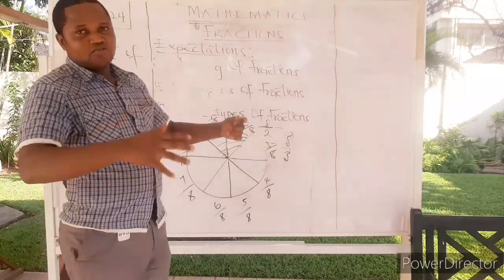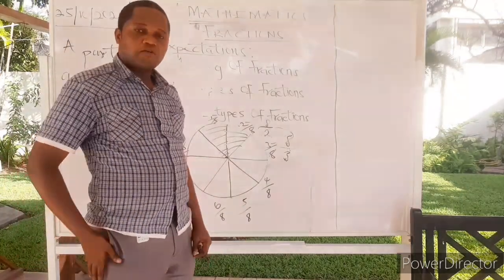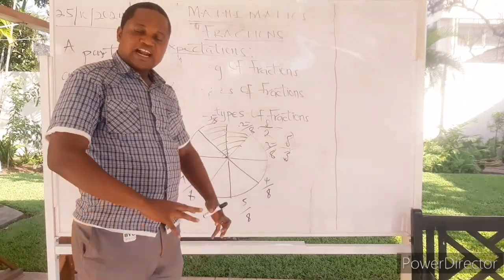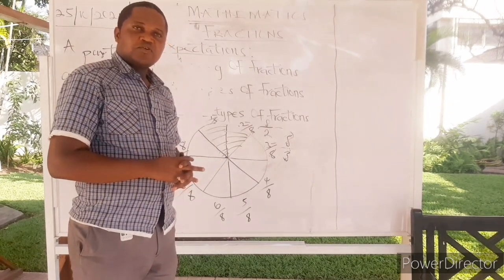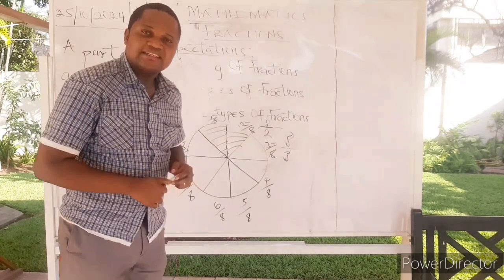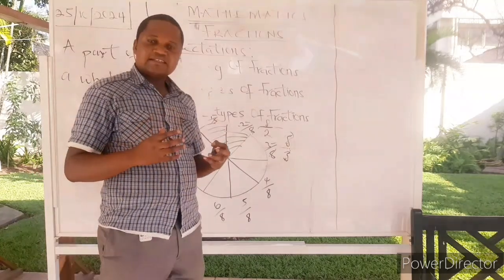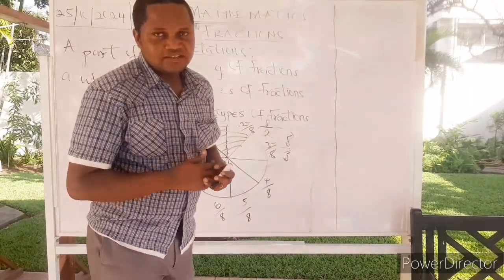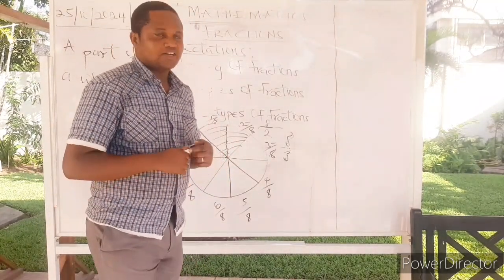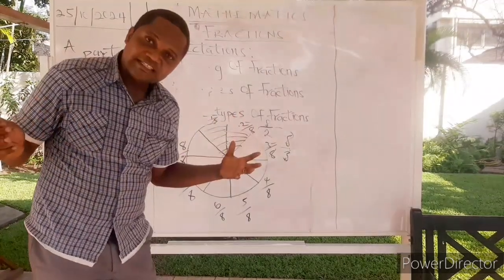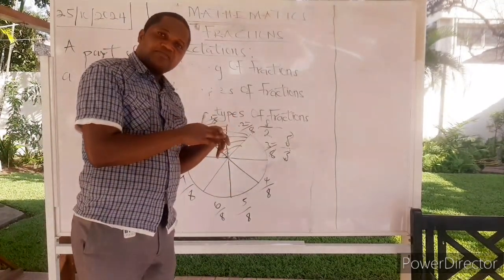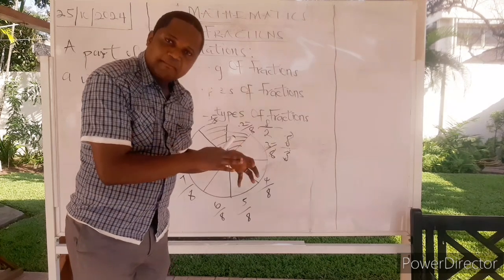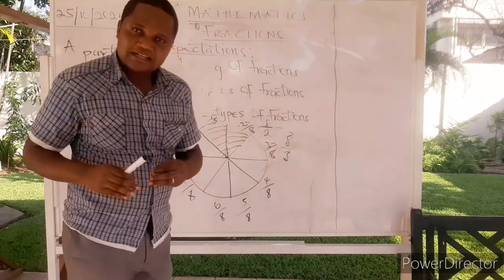Now let's move on and look at another type of fractions. We also call them mixed fractions. That's another type of fraction. Just as the name suggests, mixed fractions are fractions that have whole numbers and fractional parts.